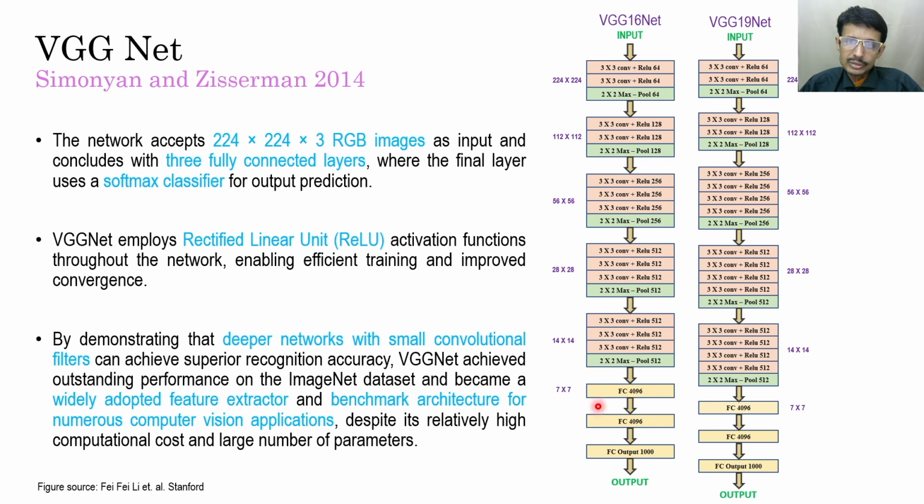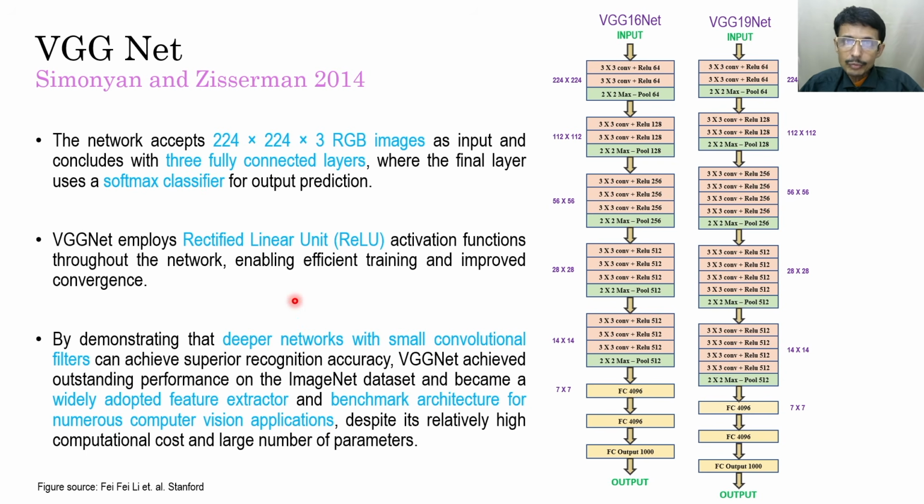Then they use the fully connected layers, and finally the softmax classifier for output. Here also the ReLU activation function is used, and this enables efficient training and faster convergence, as we have discussed in the previous slides.